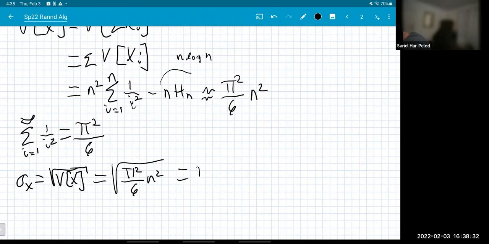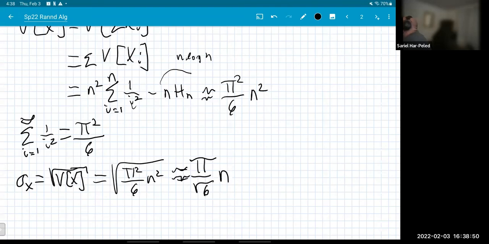So it's roughly, assuming n is large enough so that it's a good estimate, pi over square root of 6 times n.